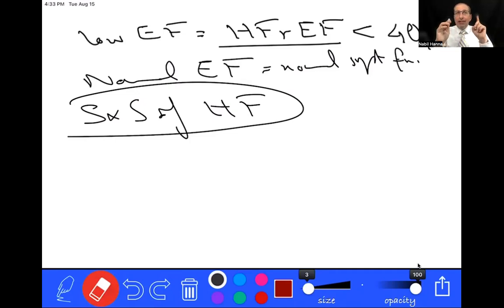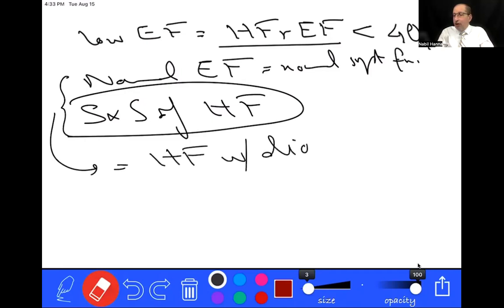So if you have signs and symptoms, clinical picture of heart failure with a normal ejection fraction, this does not exclude heart failure, because heart failure, after all, is a clinical diagnosis. But what type of heart failure is that? It's heart failure. So these two together means heart failure with diastolic dysfunction.